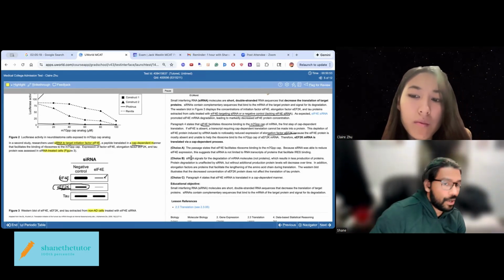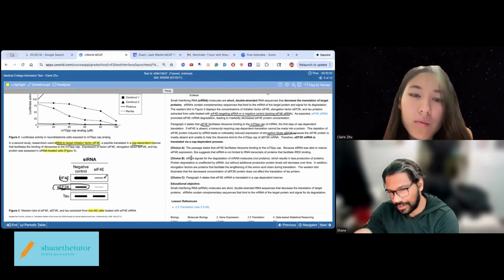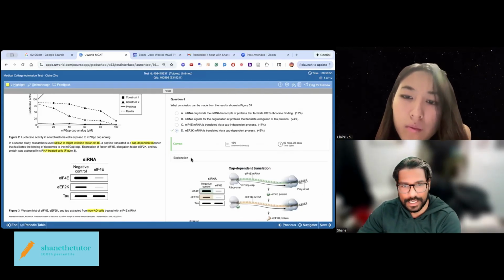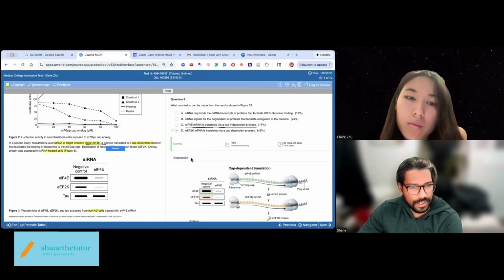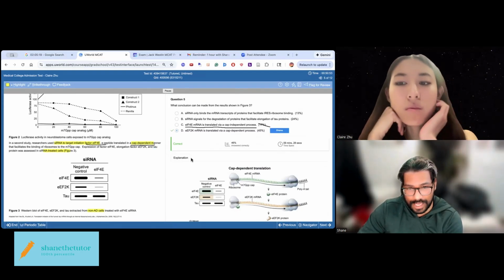And so yeah, I think this is hard to get straight up the way that we just did it. So I would use a combination of essentially that and then process elimination, because I noticed that the other choices were easier to eliminate. So for instance, they tell us right here that this is cap dependent, right? So we can get rid of that.